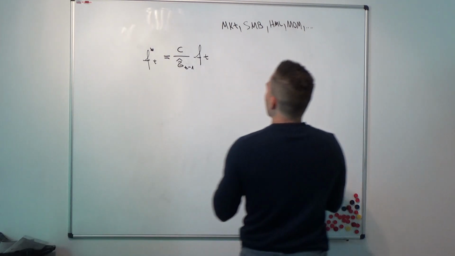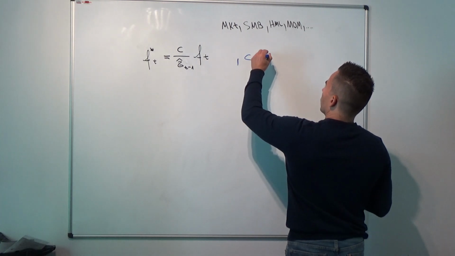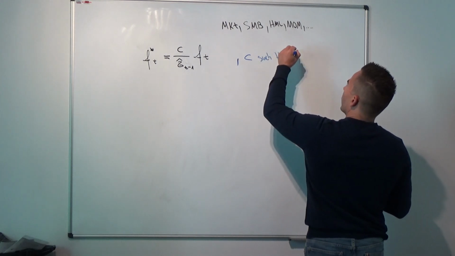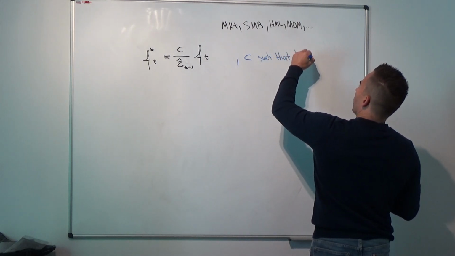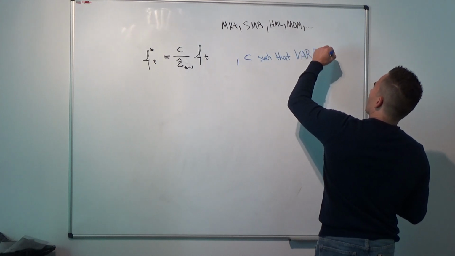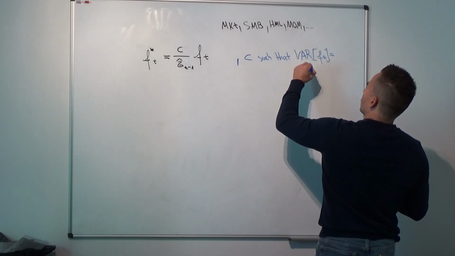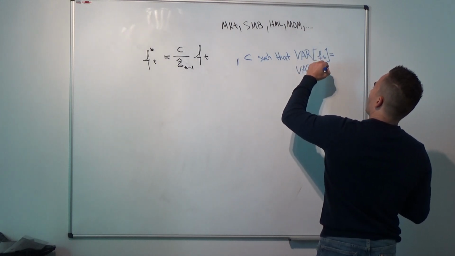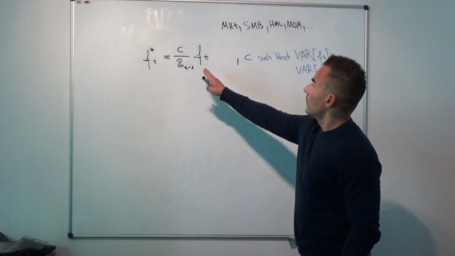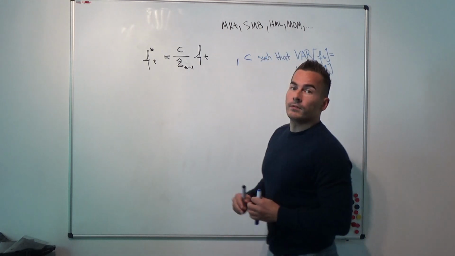In that paper, they use C such that the variance of the original factor is equal to the variance of that risk managed factor. So the variance of this one and this one should be the same.